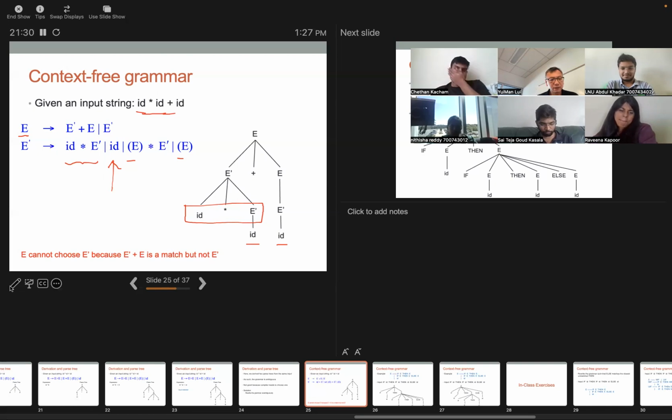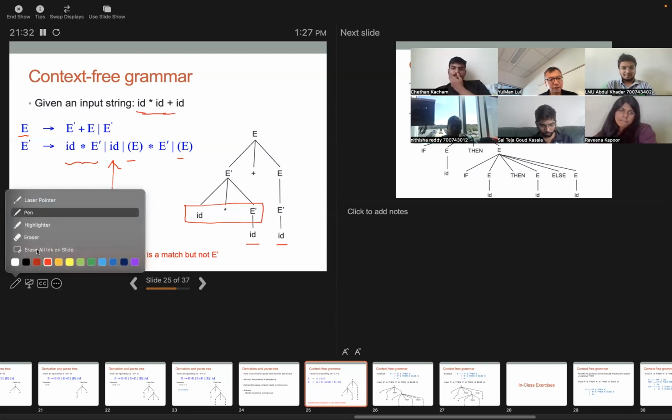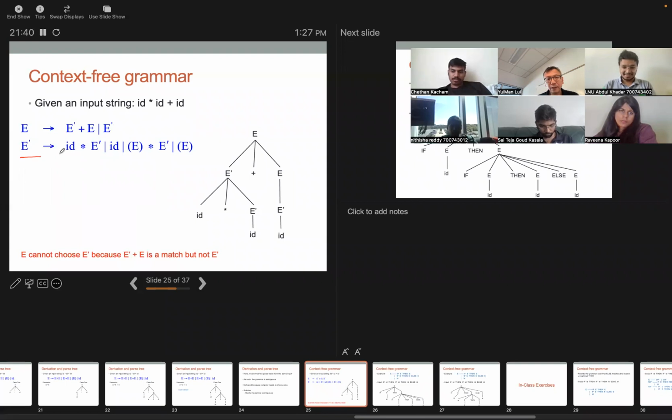Okay. So let's just erase this. We already choose this, right? So we are in E prime. So we know there's a plus sign here. Okay. So now what is our input? Our input is starting from ID, right?